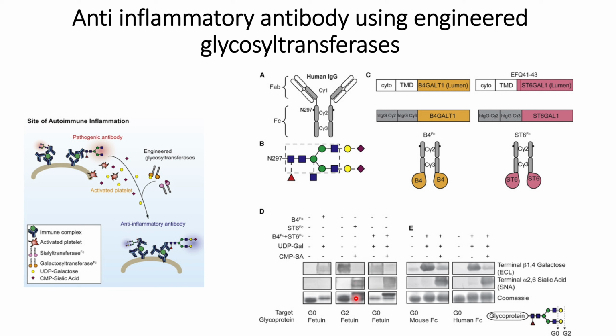That can be seen in the middle row, where terminal alpha 2,6 sialic acids are detected using SNA lectin blotting. Thereafter they added both B4FC and ST6FC.